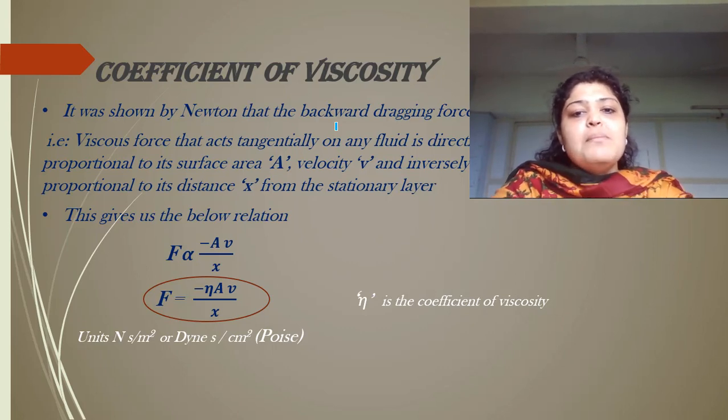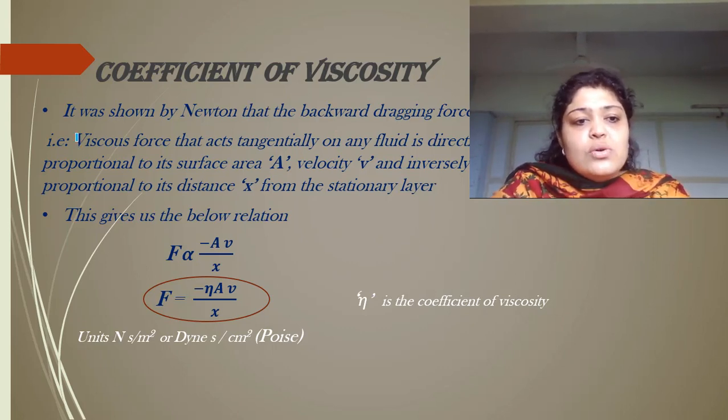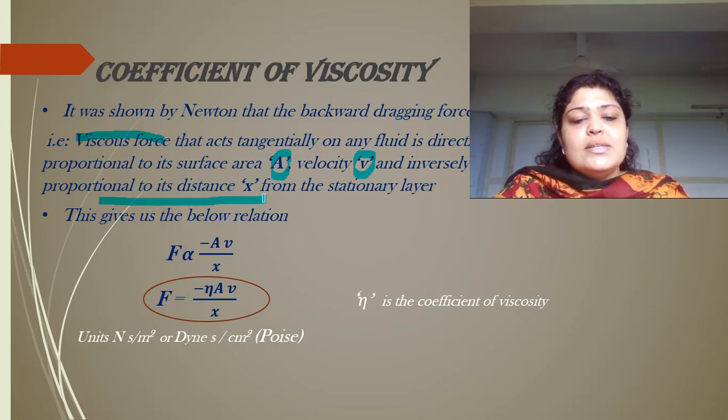This backward dragging force, also called the viscous force, acts tangentially on any fluid and is directly proportional to surface area A, directly proportional to v, that is velocity, but inversely proportional to the distance x. If the distance from the stationary layer increases, the force is going to decrease, and that is the reason velocity increases.